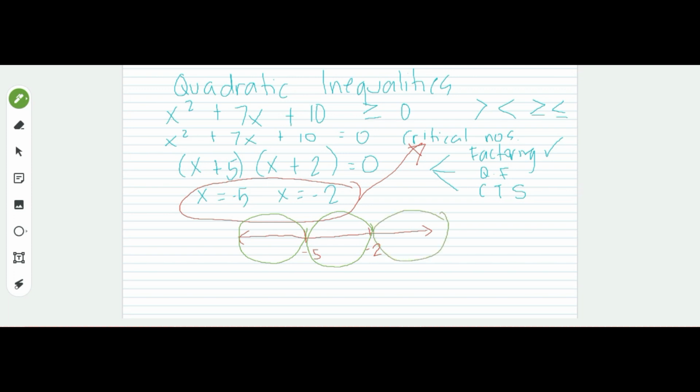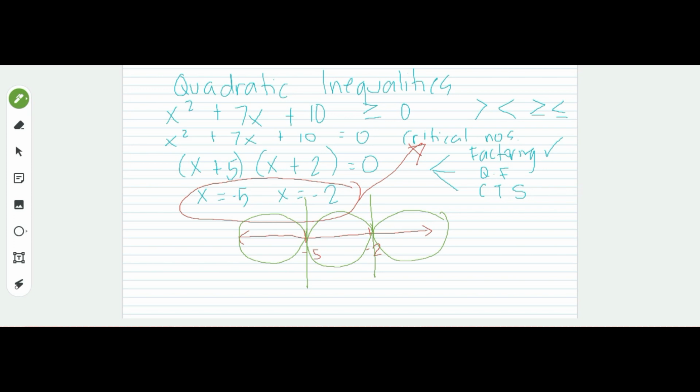So these three are our regions, the regions where we're going to get our test numbers. How did you know where the test numbers are supposed to be? It's because we have the critical numbers. The critical numbers act as our boundary, the divider for us to get where the test numbers are.